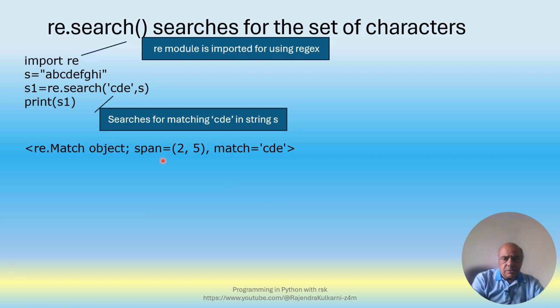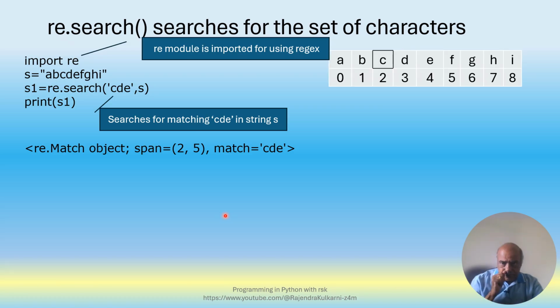The span of the characters c, d and e within the string s starts from 2 and ends at location 5, but cde is only up to 4. 5 is excluded.